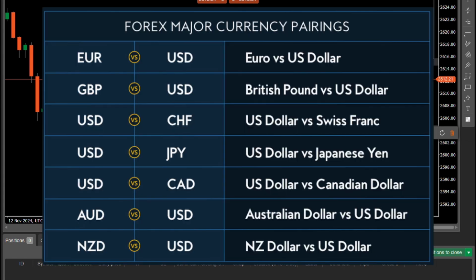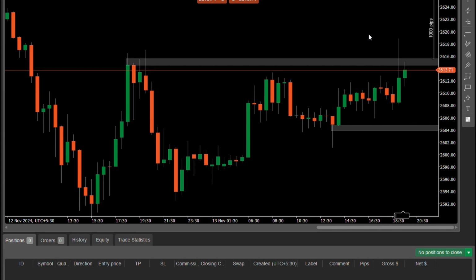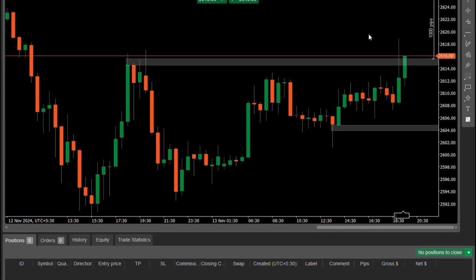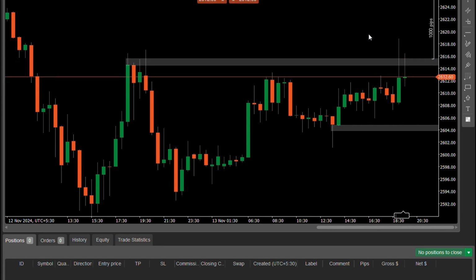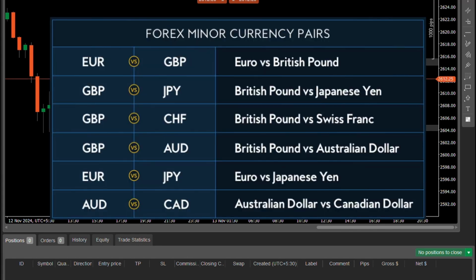Here are the 7 major forex pairs, considered the most popular across the world. Minor currency pairs, also known as cross-currency pairs, do not involve the US dollar. They pair two other major currencies, or a major currency with a currency from a smaller or emerging economy. Here is a list of minor currency pairs.